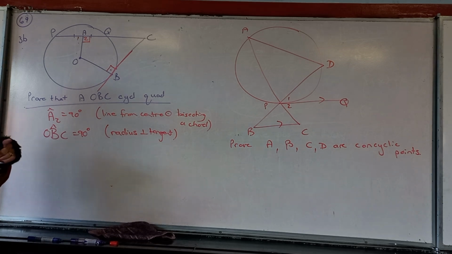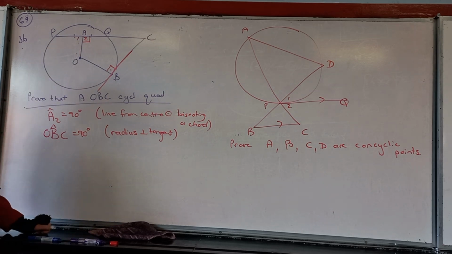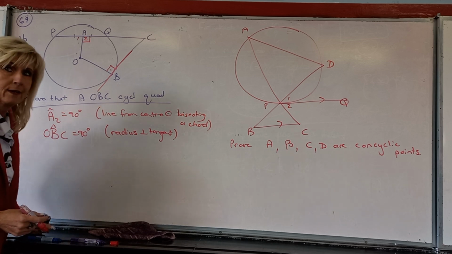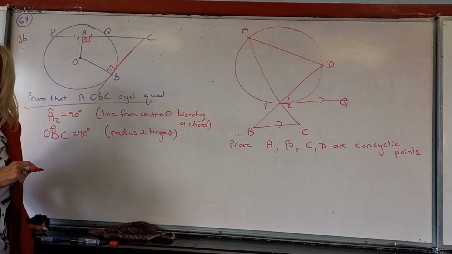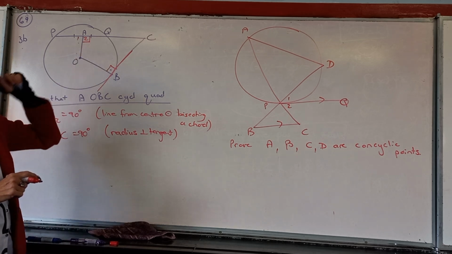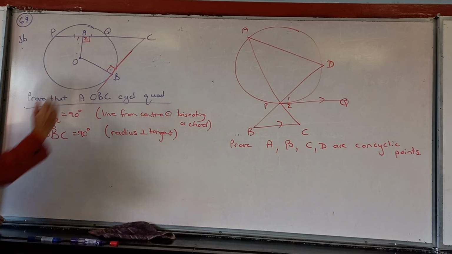Because I'm trying to prove that AOBC is a cyclic quad, I see opposite angles are supplementary. Please don't say equal. They are equal in this case, but that's not why it's a cyclic quad. It's because they add up to 180. The opposite angles are 180.